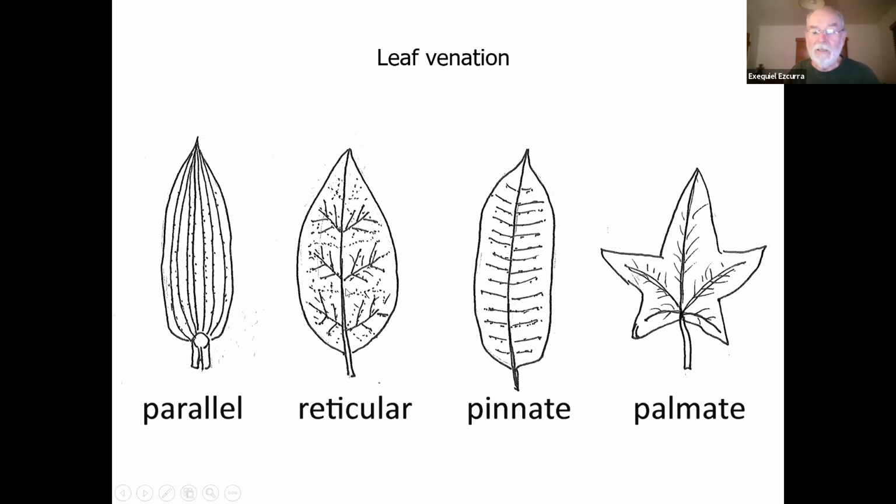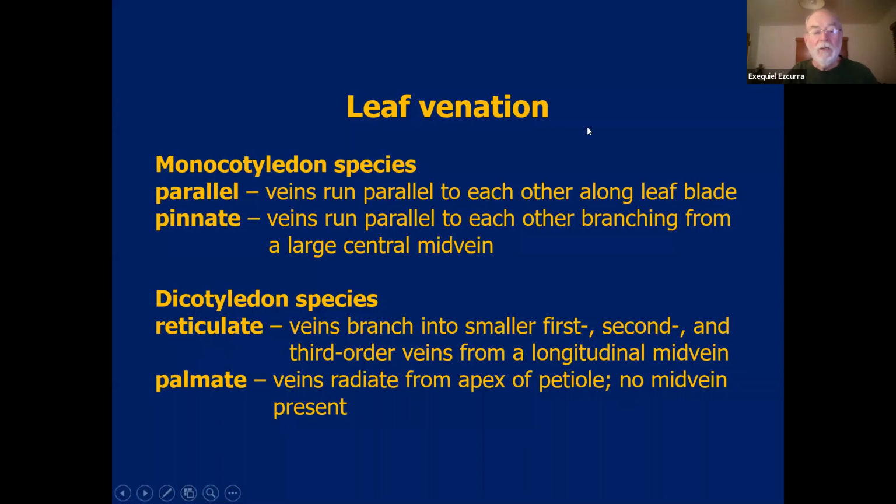While in dicotyledons, you either have reticular venation, that we saw for the case of the macadamia nut tree, or palmate venation, which is similar to, we saw that for the fig. It's similar to the reticular venation, but all the veins radiate from a central point in the base of the leaf. So basically, summarizing the whole idea, leaf venation in monocotyledon species is mostly parallel, and it can be pinnate.